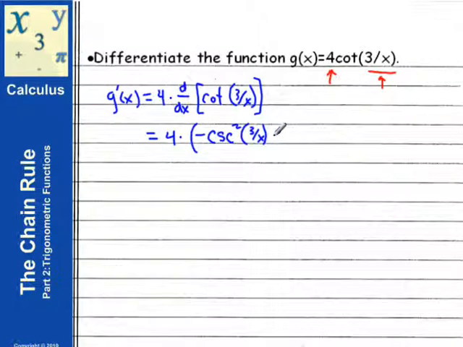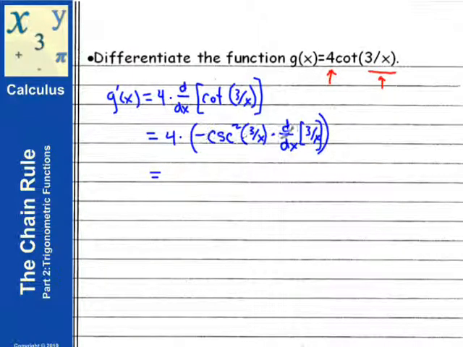But the extra part is that we have to multiply this with the derivative of the inside, the derivative of 3 over x. So we've got to remember how to do that little calculation. Before we actually do that, let's clean this up so that we see what we have.